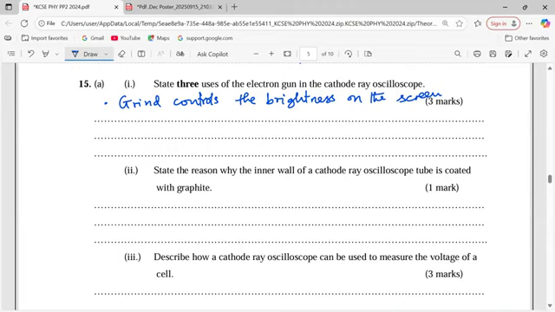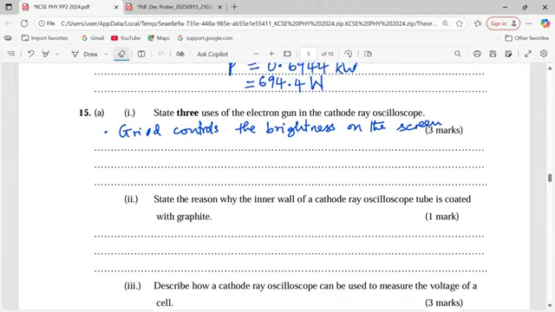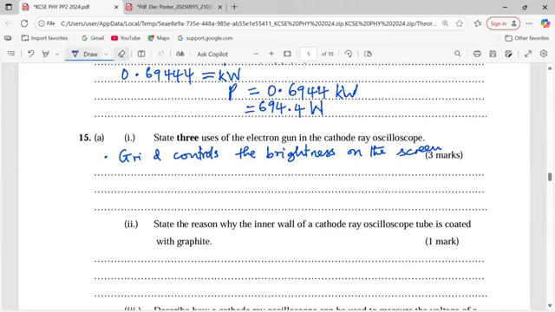When it is made less negative, which is more positive, a lot of electrons are attracted, and hence a brighter spot will be observed at the screen. Therefore, the grid controls the brightness at the screen.